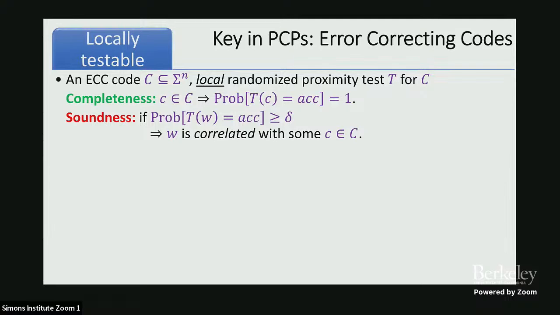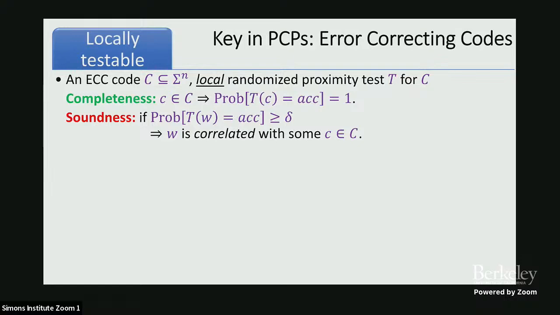I want two properties to hold. First of all, if my tester is run on an actual codeword of my code C, then it's always going to accept. Of course, you can relax it to almost always accept, but for us, we're going to deal with the perfect completeness case.